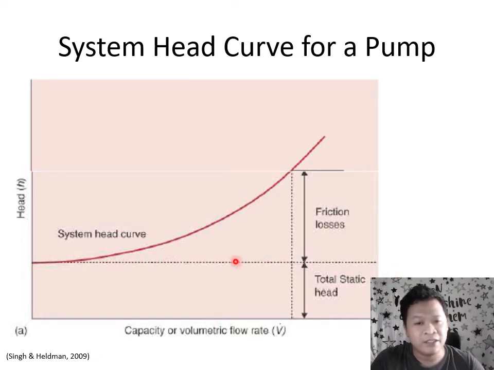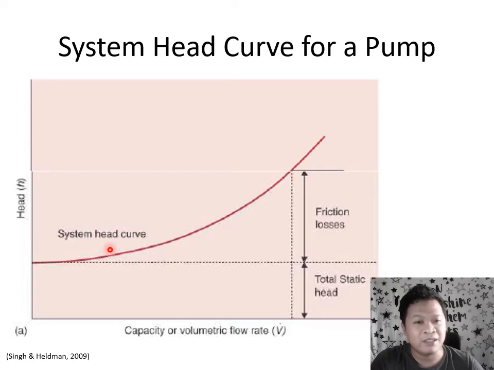There's an overhead term here, the total static head, yung difference ng heights nila. And then these are the frictional losses, which vary exponentially with increasing volumetric flow rate. So the system's head curve, which the pump must overcome, is something that increases with volumetric flow rate, not just because of the static head you need to overcome, but more so because nag-i-increase yung friction.